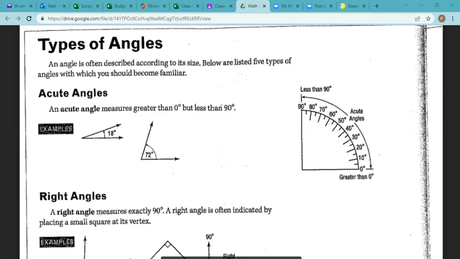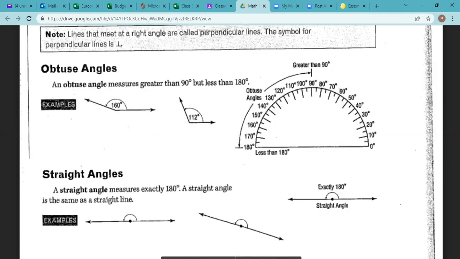All right, now the fourth type of angle we're going to talk about is called the obtuse. Typically when I think of obtuse, it is a bigger angle. I typically think about trying to open your mouth as big as you can when you go to the dentist. You know, the dentist will lean your chair back as much as they can, typically more than 90 degrees.